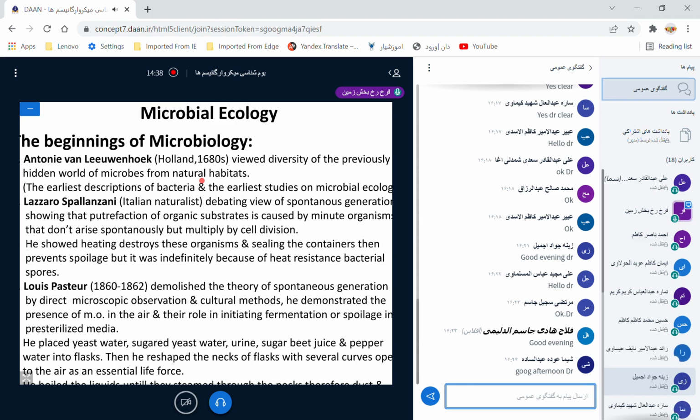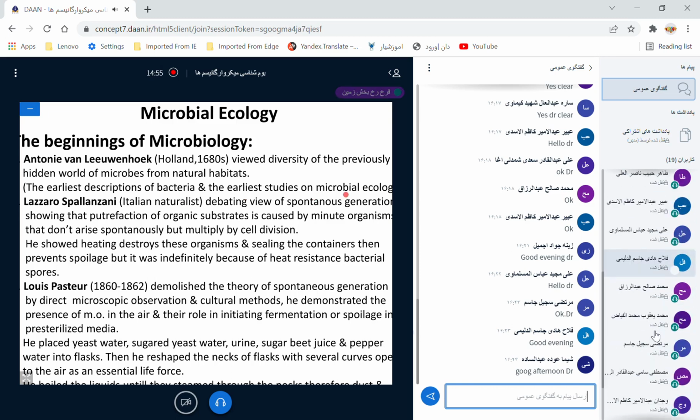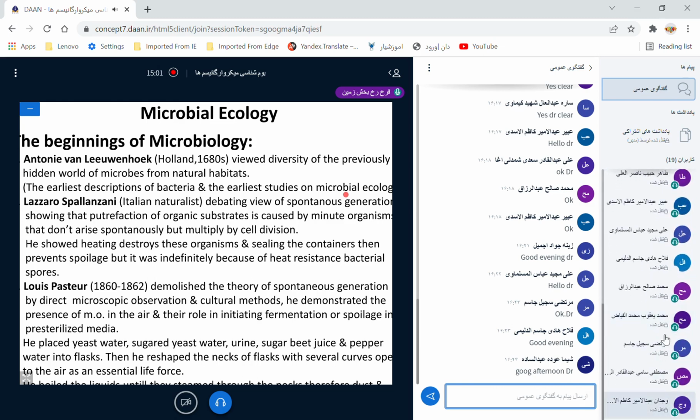They are living things, and he examined them. He had the earliest description of bacteria and the earliest studies on microbial ecology. For example, he saw some microbes are bigger, some are smaller.